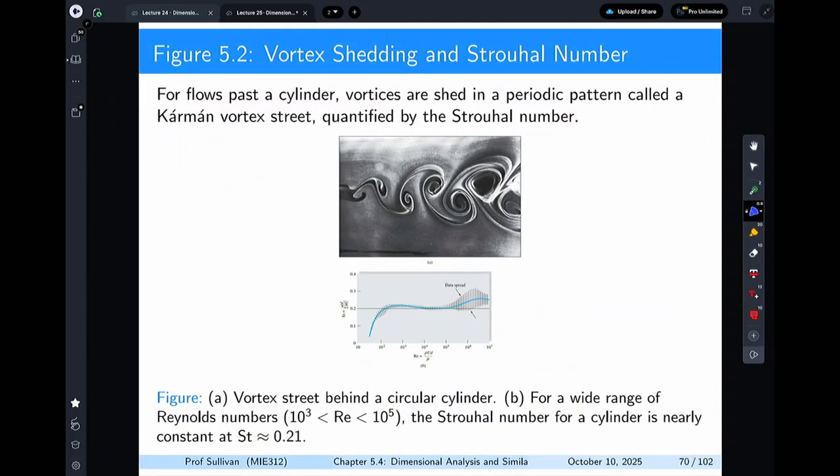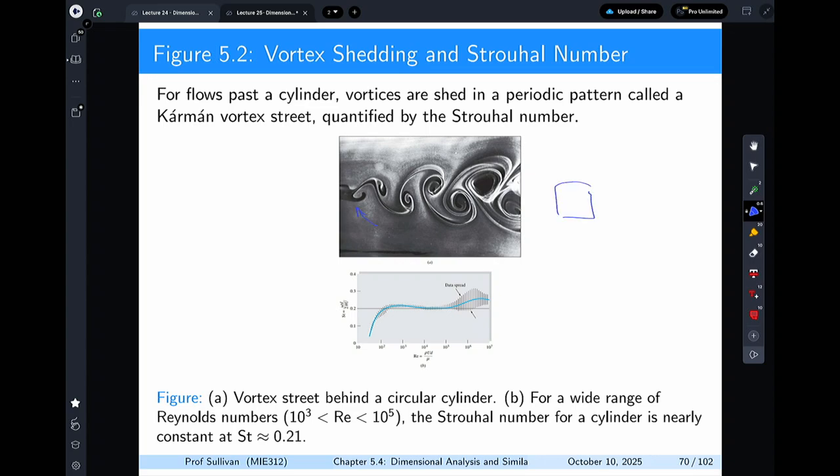So that's what vortex shedding looks like. So you have a flow. It's not a fixed object. It is the fluid, here air for example, going past a rectangular cylinder. And when I say rectangular cylinder, it's something like this.